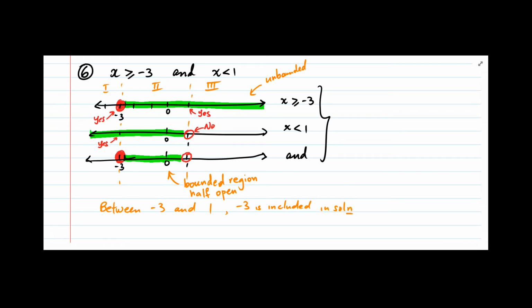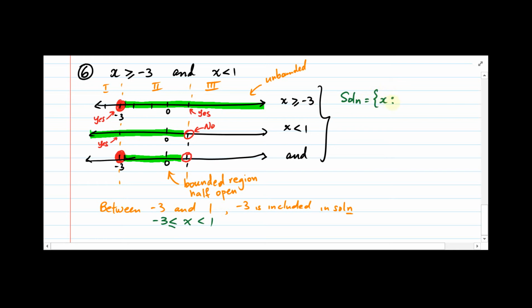Using the letter X, what I can say is X is between 1 and -3, or -3 and 1, and -3 is included. All right, so we can look at the order of the numbers on your number line and write them this way. I'll soon explain another way of looking at it.